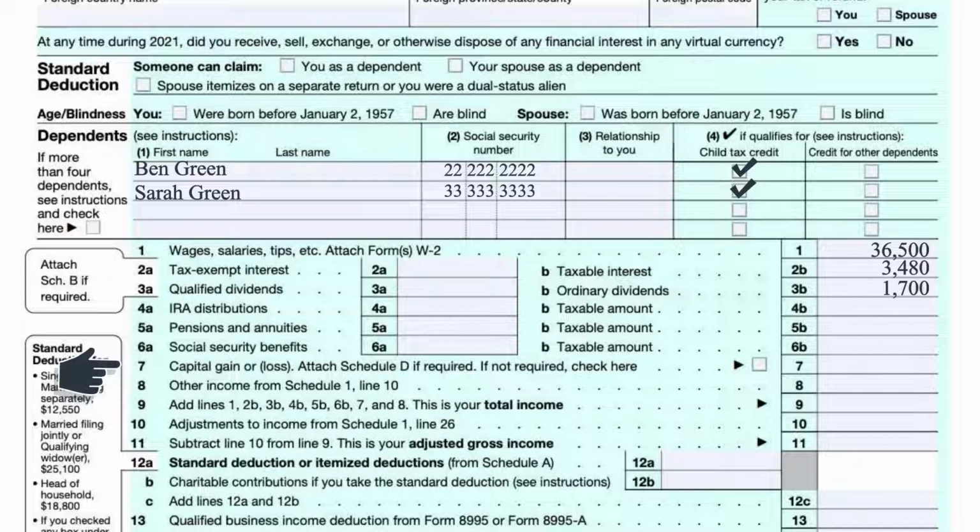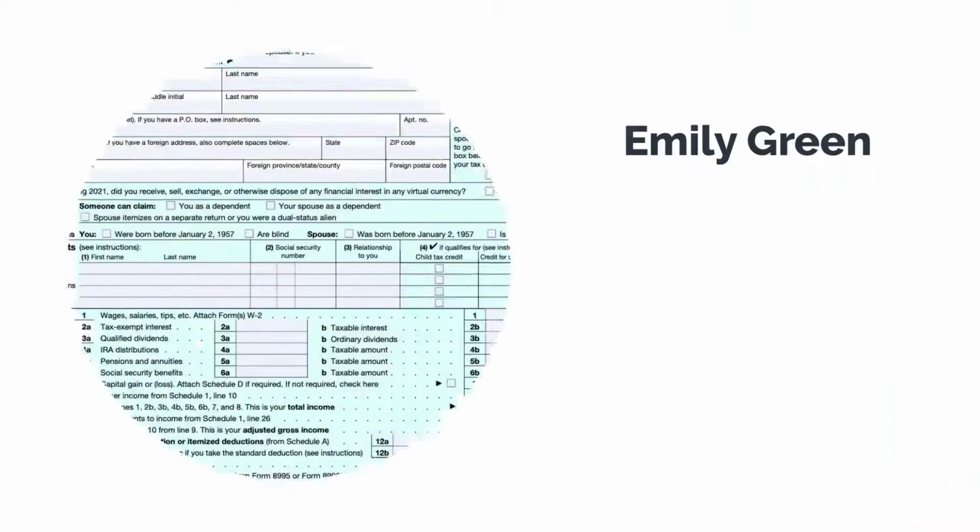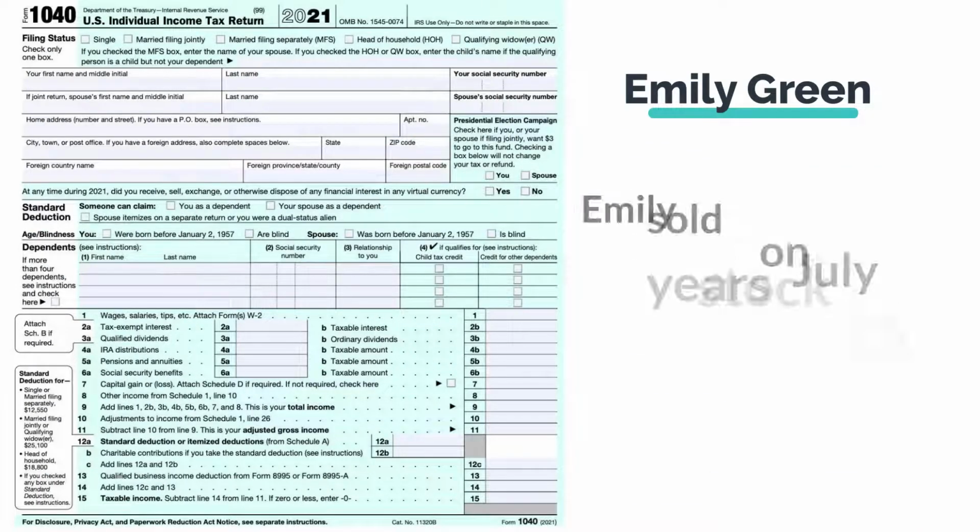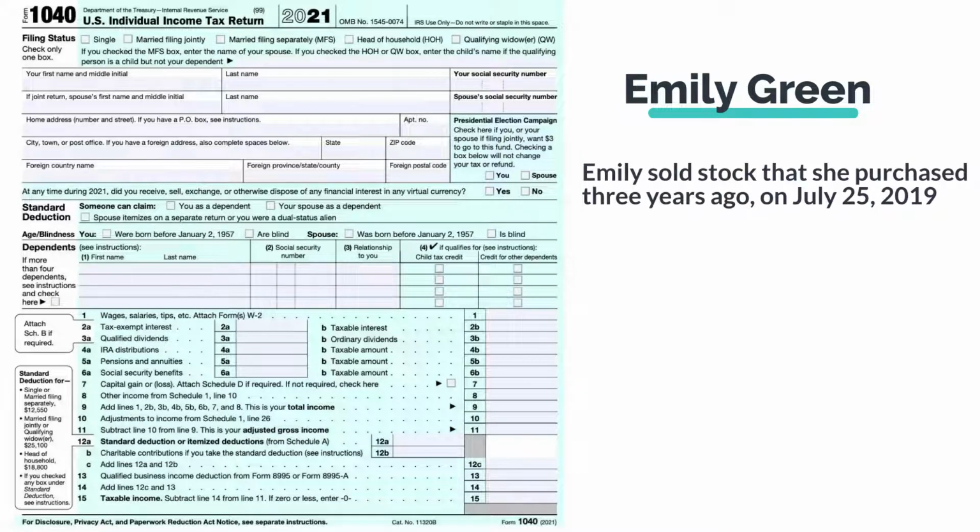If the taxpayer sold a capital asset such as a stock or bond, they must complete and attach Schedule D, capital gains and losses. Emily did sell a capital asset during the tax year. Emily sold some stock that she purchased 3 years ago on July 25th, 2019.